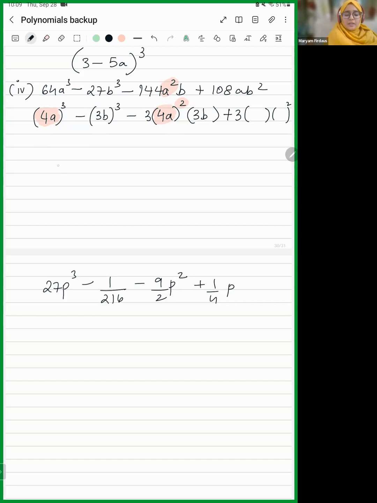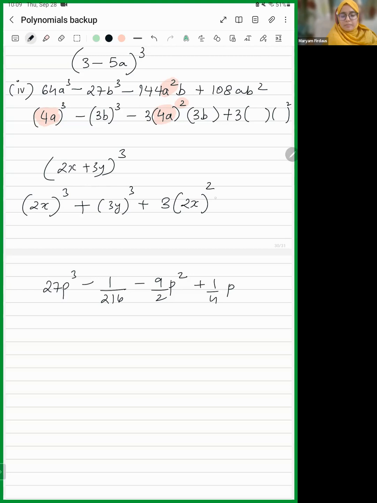If you have, let's say, 2x plus 3y whole cube, then what do you write in the formula? Think only about the formula. The formula says a cube, a is 2x, plus b cube, which is 3y whole cube, plus 3 into a square b plus 3 into a b square.